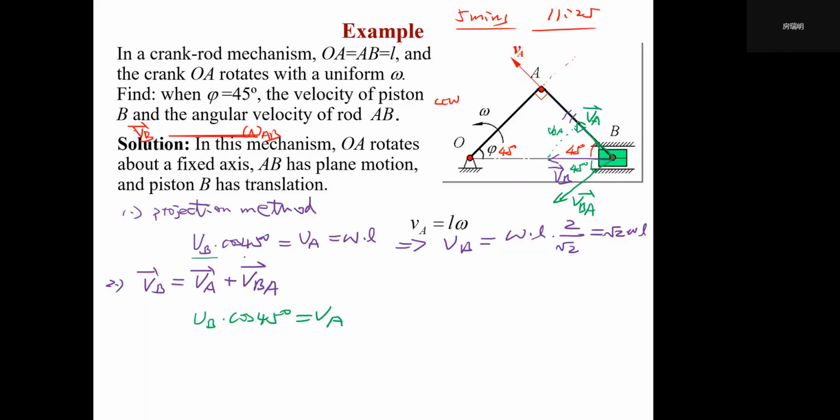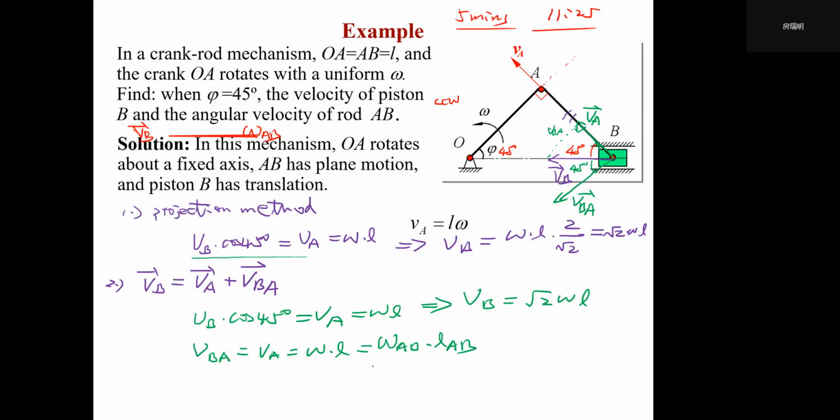We have the same relationship and can find the same result: VB equals square root 2 times omega L. From this method, it's also very easy to find VBA, because this angle is 45 and this is 45, so VBA equals VA equals omega L. Can you understand this? It's easy, right? And we also know VBA should equal omega AB times LAB.